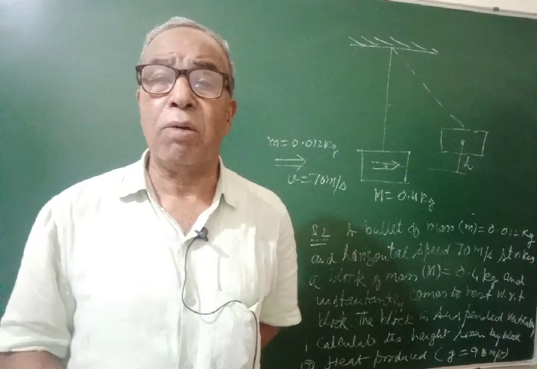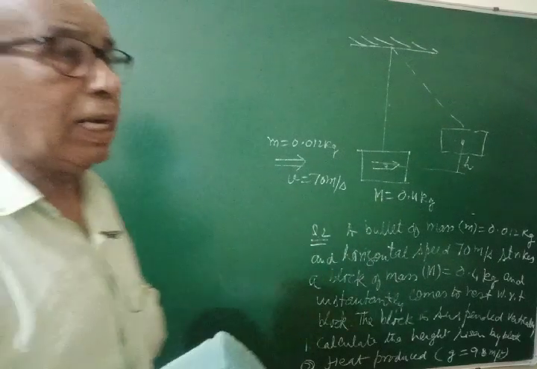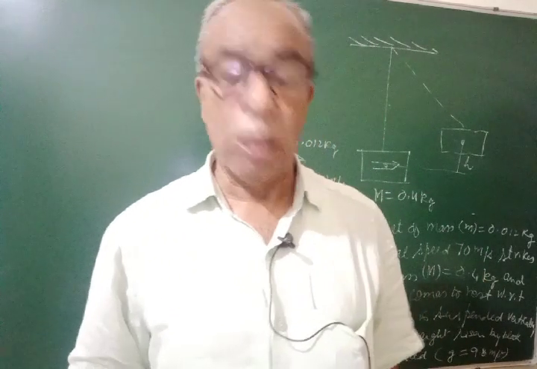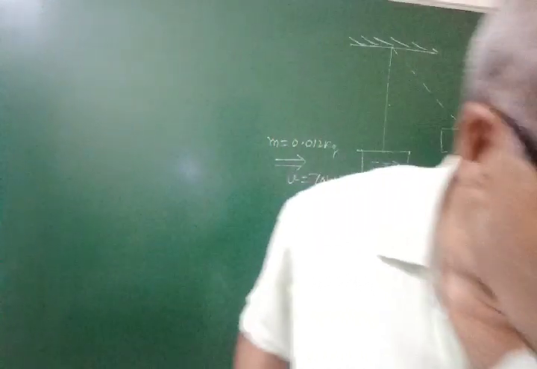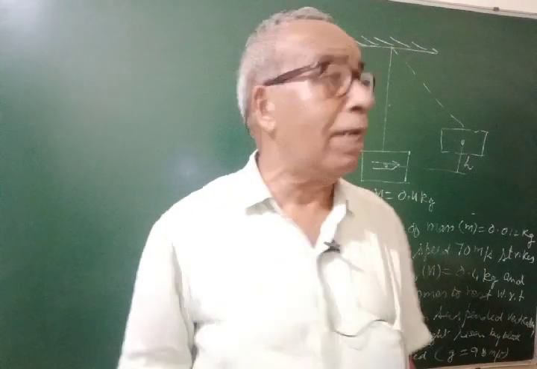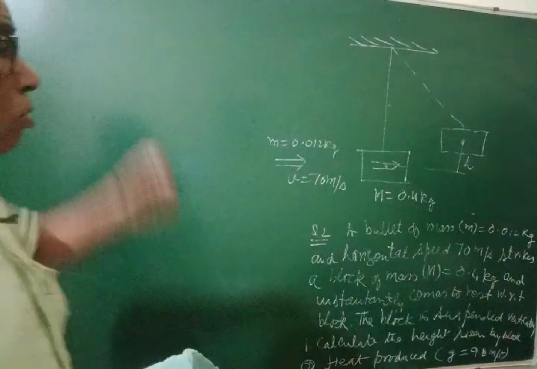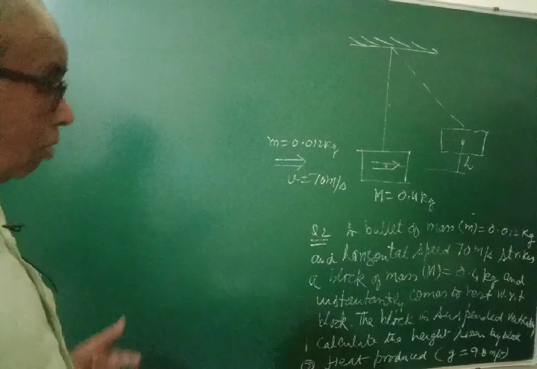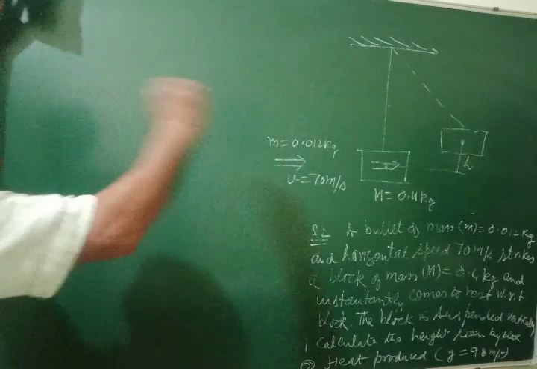In perfectly inelastic collision, I told you that momentum remains conserved. And I told you why momentum is always conserved in collision: whatever the collision, momentum is always conserved, because no external force acts. And when no external force acts, momentum is conserved. So let this mass be small m.